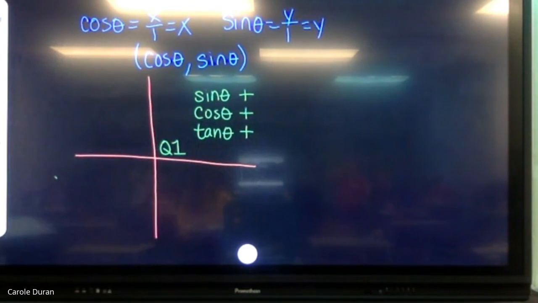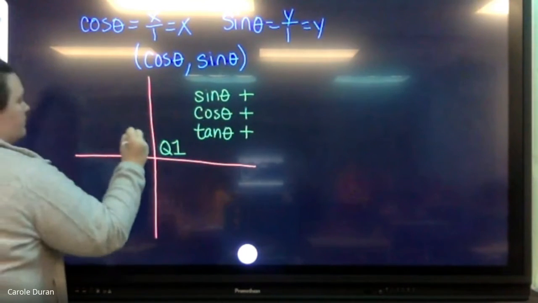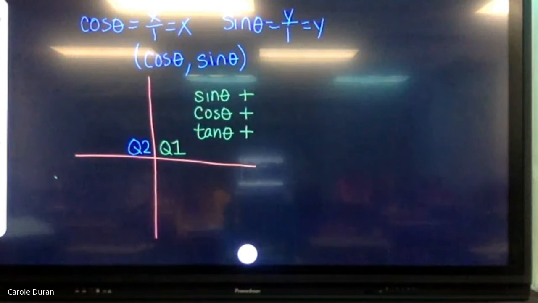So that was just for quadrant 1. Does that make sense in how we kind of got there? So now let's go ahead and look at quadrant 2. From the origin, did I move left or did I move right? I moved left, which means that which of my coordinates is going to be negative?